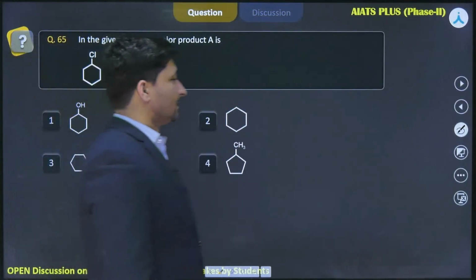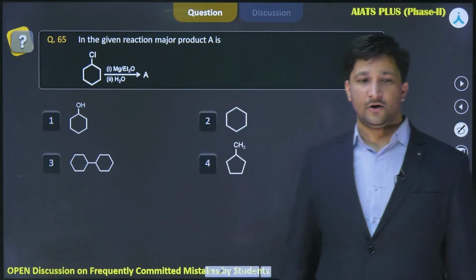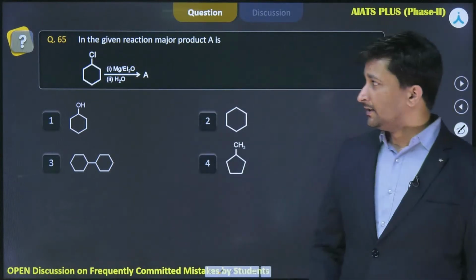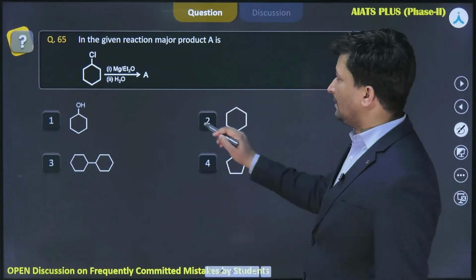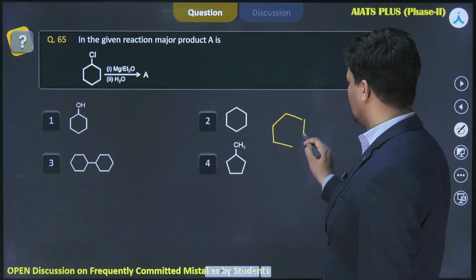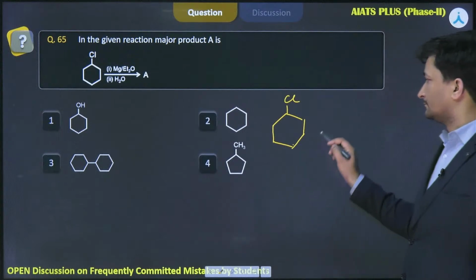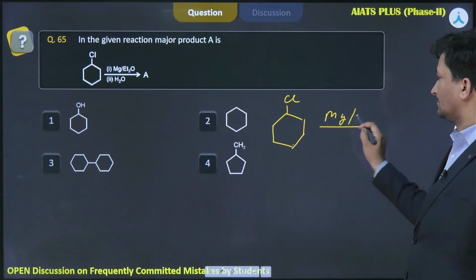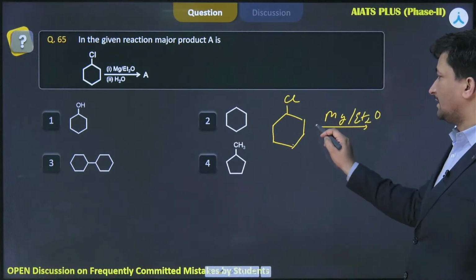In the given reaction, the major product A is, so this is the question from haloalkanes and haloarenes. See, Mg in presence of ether, if you allow to react this in first step, it is diethyl ether.